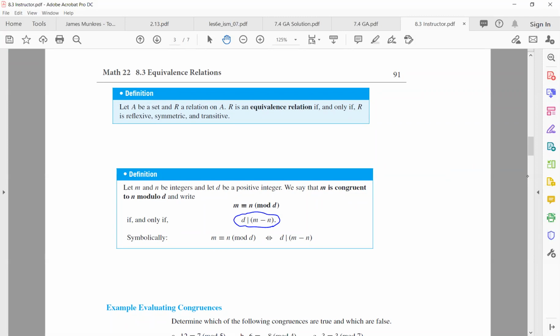Remember that if D divides the difference, then M minus N can be written as D times K. So M can be written as N plus D times K. Quotient remainder theorem.